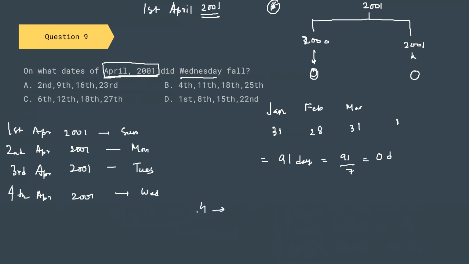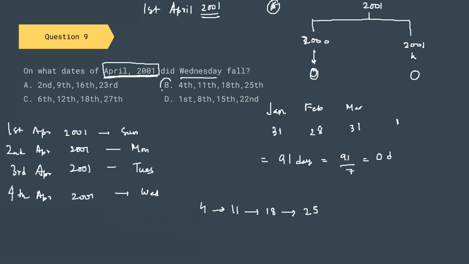Then 4 plus 7, 11 April will be your next Wednesday. Then 11 plus 7, 18 April will again be your Wednesday, and 18 plus 7, so 25 April will be another Wednesday.